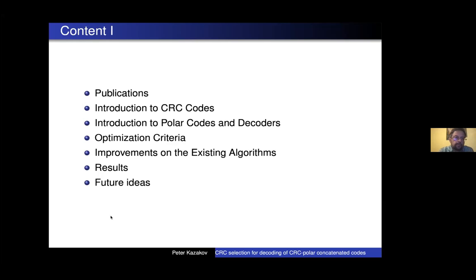Then we'll speak about the polar codes and the decoders. Next, quite importantly, we'll define the optimization criteria, what we're looking to optimize, what kind of problems we had with the algorithms, how we approach them, what kind of results we have from the two papers that I will present, and some future ideas on what can be improved on CRC codes.